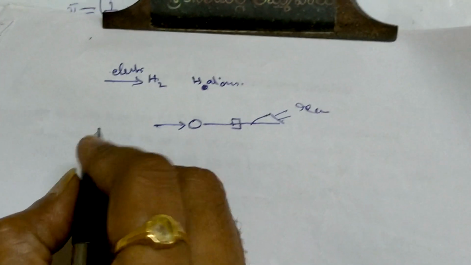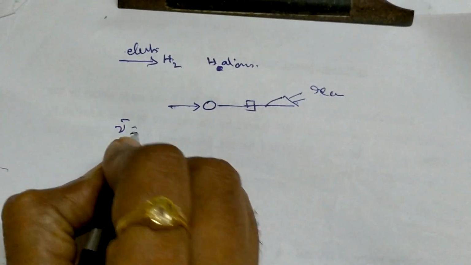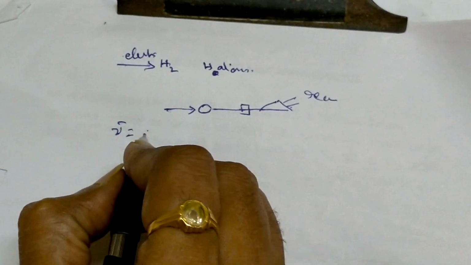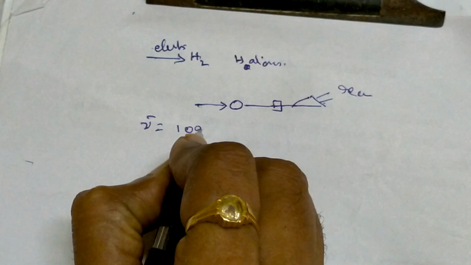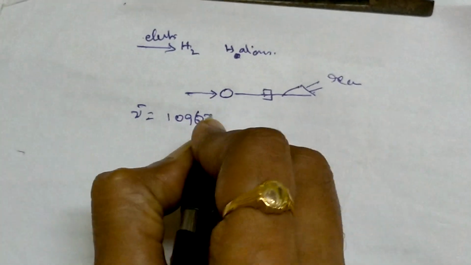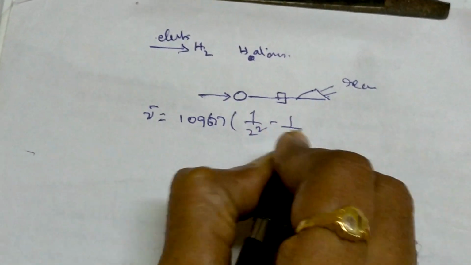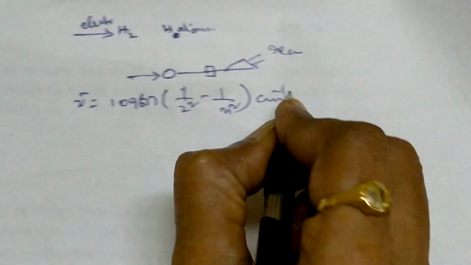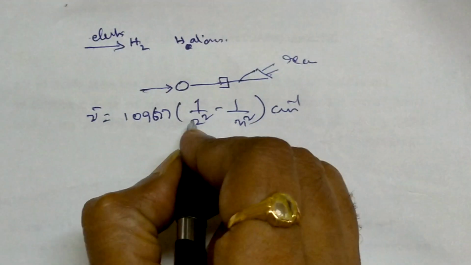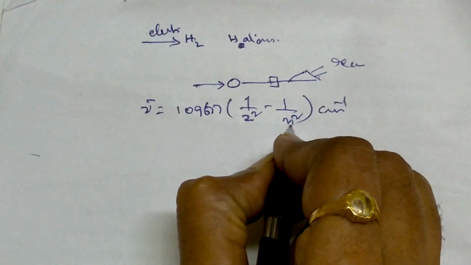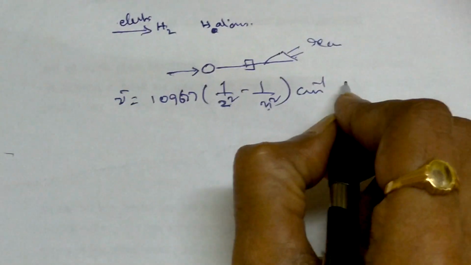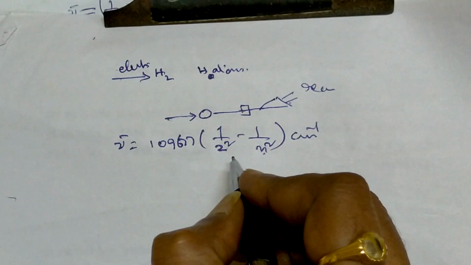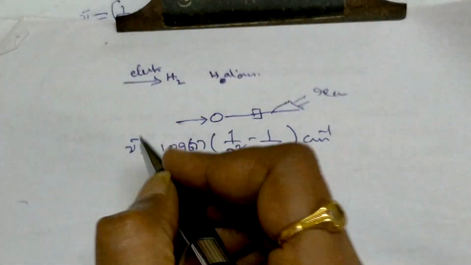What he found is that the wave number is given by a constant, 109677, into 1 by 2 square minus 1 by n square, in centimeter inverse, because it is a wave number, where n is equal to 3 or more than 3, an integer greater than 2. This is the Balmer series. The derivation is very big and is not needed for you.